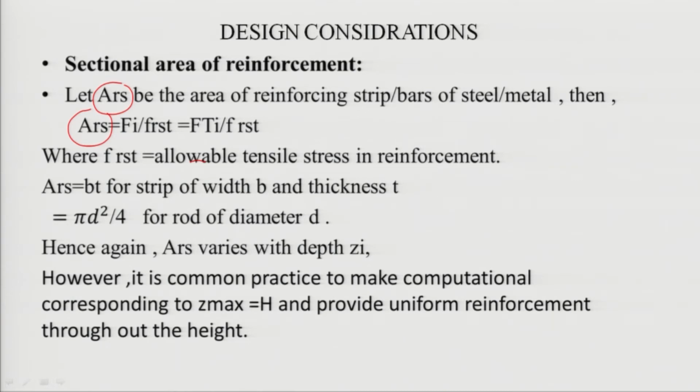A RS is equal to B T for the strip of width B and thickness T, and is equal to pi d square by 4 for the rod of diameter d.